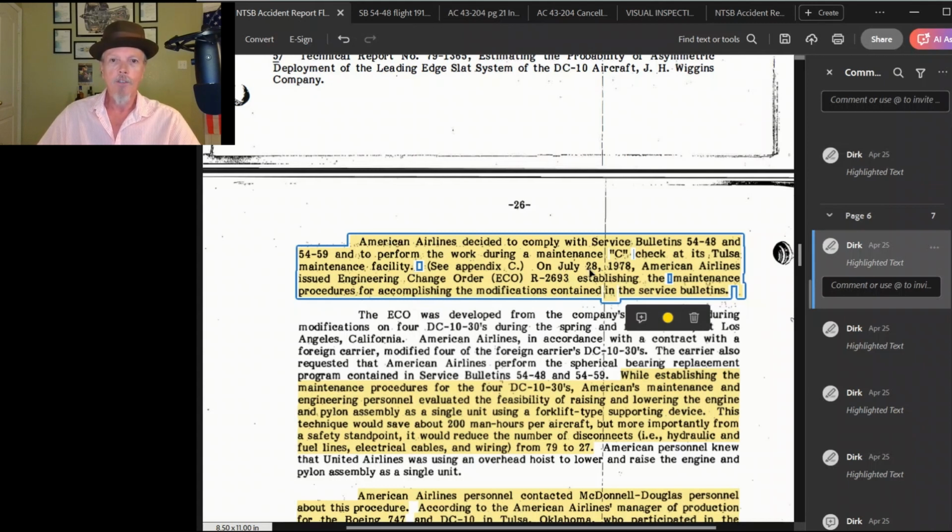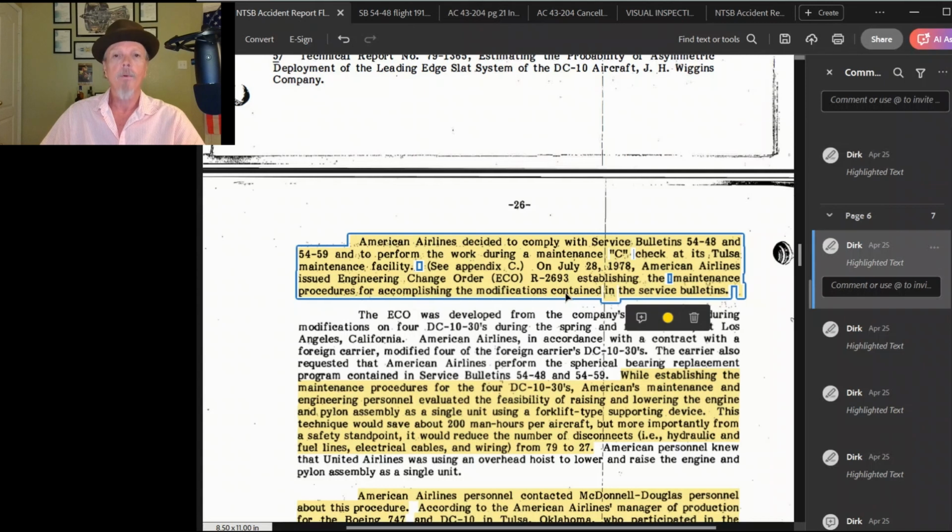On July 28th, 1979, American Airlines issued Engineering Change Order R2693, establishing the maintenance procedures for accomplishing the modifications contained in the service bulletins. So right here we see that American didn't want to follow the maintenance procedure in the maintenance manual, which is an approved procedure.